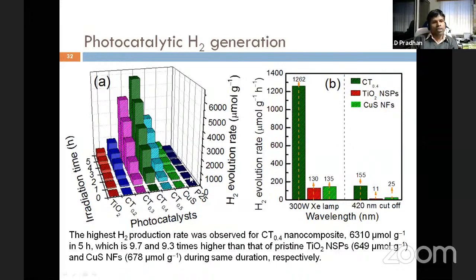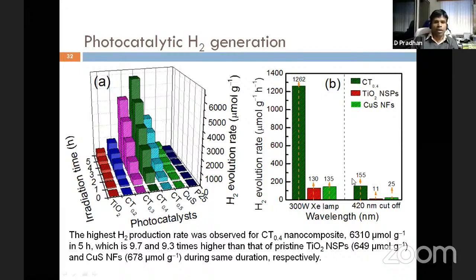In the left side plot, you see the hydrogen evolution rate versus irradiation time for different photocatalysts. In the right side, we have also done it using only visible light by putting in a cutoff filter. The cutoff filter only allows electromagnetic radiation with wavelength greater than 420 nanometers, and that's only the visible light portion.